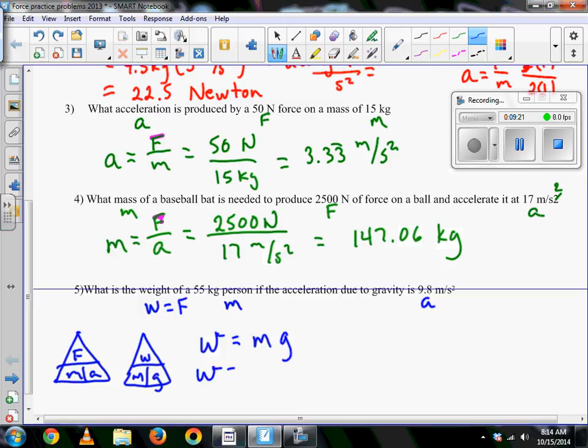And so if you want to know your weight, if you're 55 kilograms, simply multiply that 55 times 9.8 meters per second squared, and you're going to end up getting somewhere around 500-ish, 539. And weight and force are both measured in what? Newtons. Very good. So most of your average weight should be around 539 newtons.